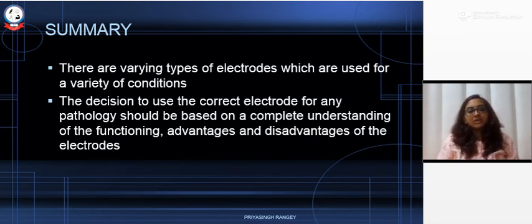Ultimately, in order to make that decision, we need to have a complete understanding of the pathology that the patient is suffering from, the advantages of that particular electrode, the disadvantages of that particular electrode, and then come to a conclusion. So this is not something that we need to decide just on the basis of a whim. We need to be very calculative about the decision of which electrode we want to use.